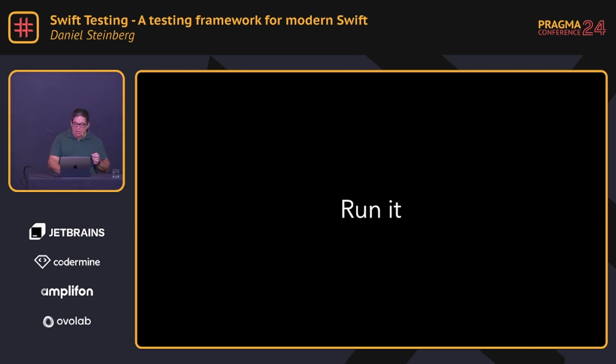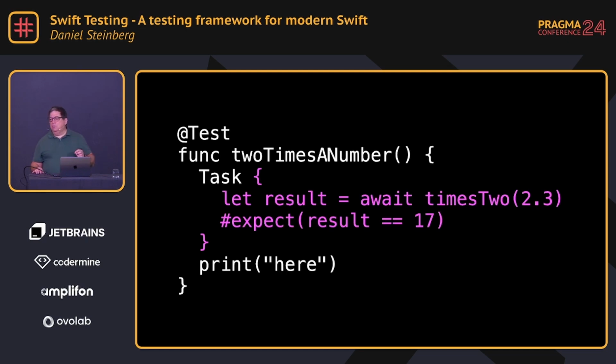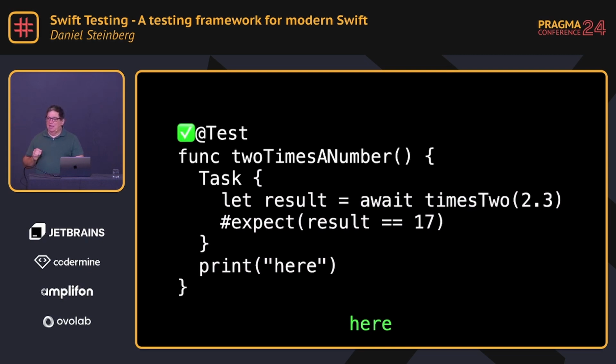And now let's run it, and if you've done anything with async, you know that whatever is in that closure that's passed to the task is being run somewhere else by the system. It's no longer in our control, and immediately the line after the task is executed. And I print here into the console. And then I exit my test, and nothing failed, so it must have passed.